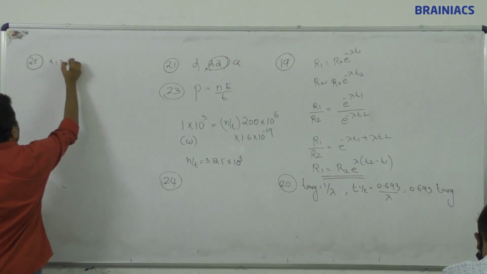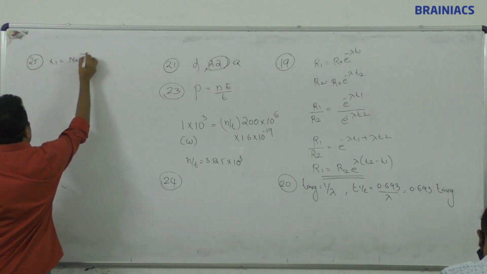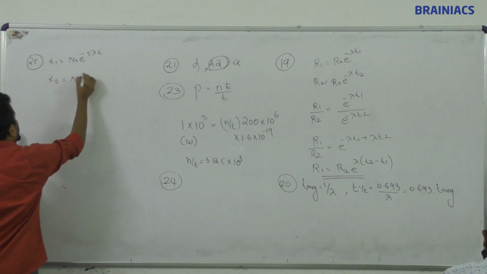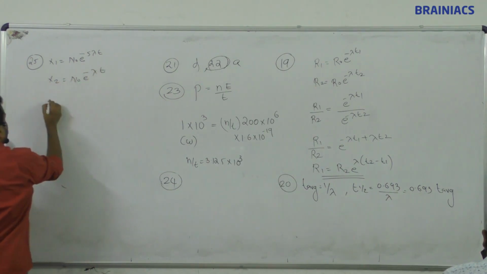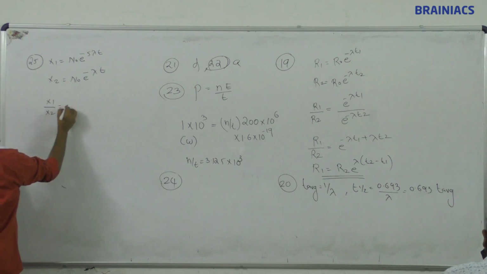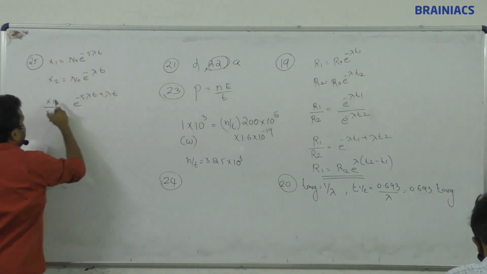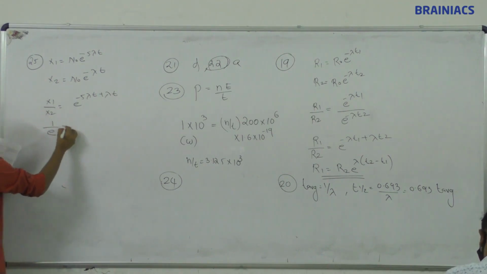X1 equal to N0 into e power minus 5 lambda t. X2 equal to N0 into e power minus lambda t. X1 by X2 equal to e power minus 5 lambda t plus lambda t. X1 by X2 is given as 1 by e.